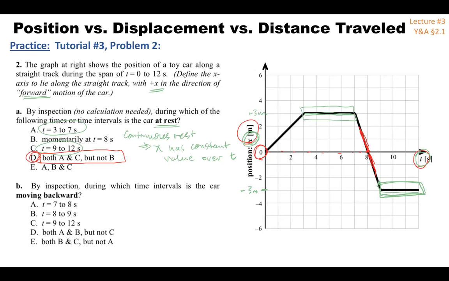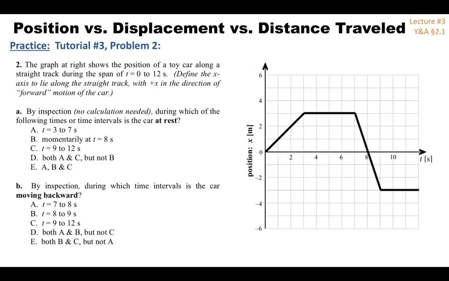All right, let me clear our graph a little bit here. And let's consider part B. So part B asks, all right, during which time interval is the car moving backward? All right, well then let's think about what that would look like mathematically on this graph. The car is moving backward whenever it's going from a more positive position to a less positive position, right?